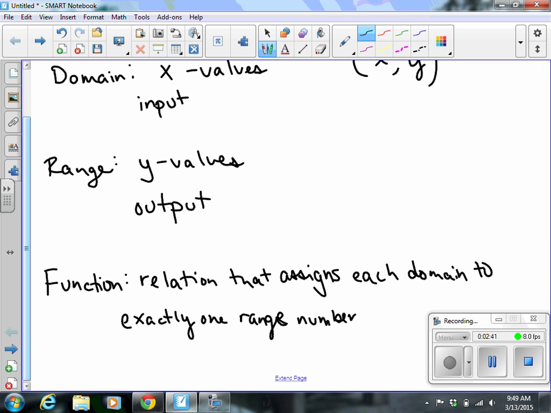Okay, so we're going to look at some domains and ranges, and we're going to compare them to see whether or not they're actually a function or not.